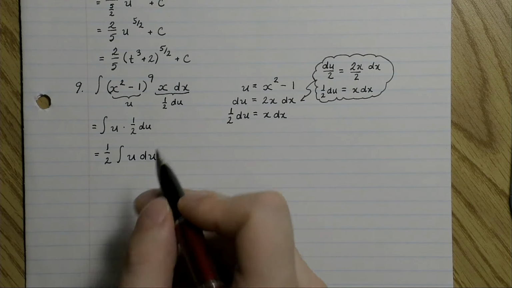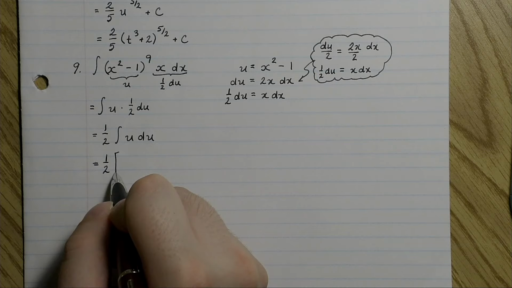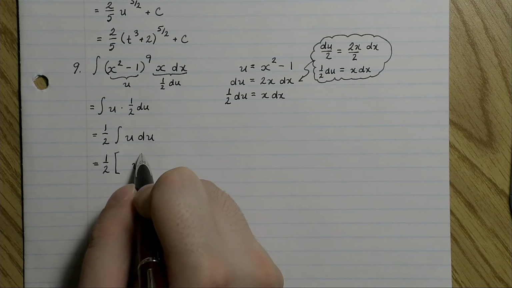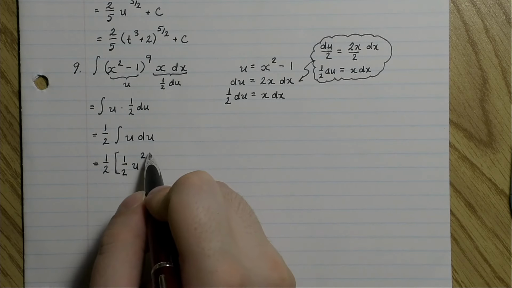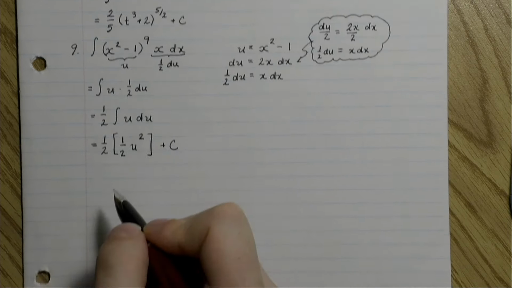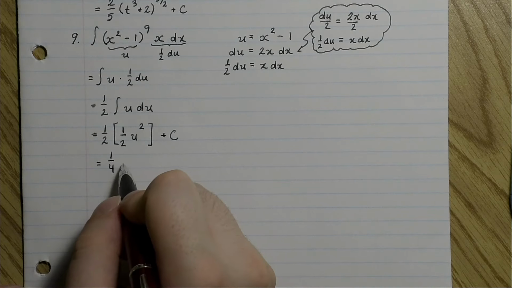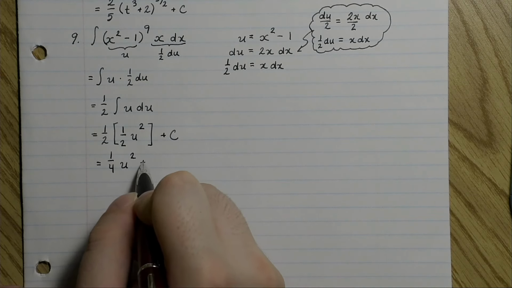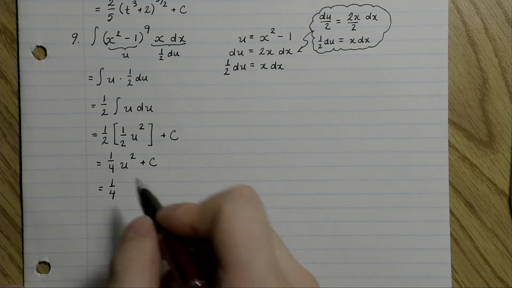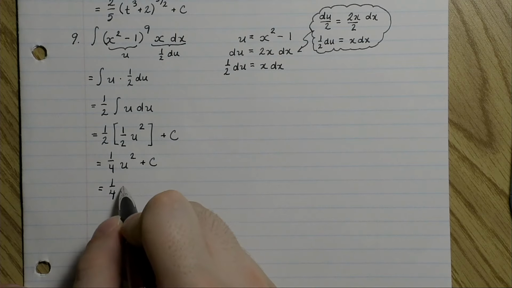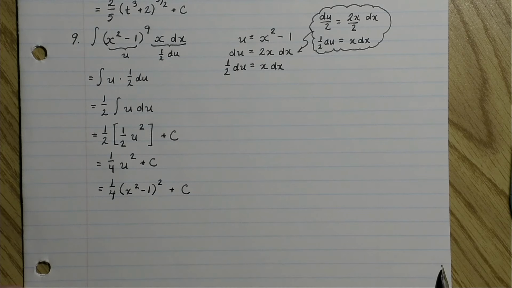Because again, it's a constant. So again, the exponent goes up by 1, and we put that number in the denominator in front, plus a constant. So now I'm left with 1/4, because 2 times 2 is 4, u squared plus c, and then substituting back in for u, which was our original x squared minus 1, and there's our final answer.